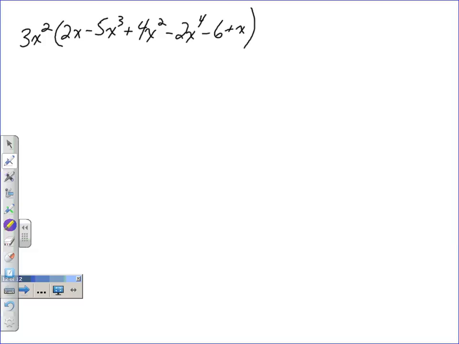All right. And so if I had to multiply that together and then put our answers into standard form, all we're really doing is we're distributing. And when I multiply 3x squared times 2x, the result is going to be what? 6x cubed. We're adding exponents now.